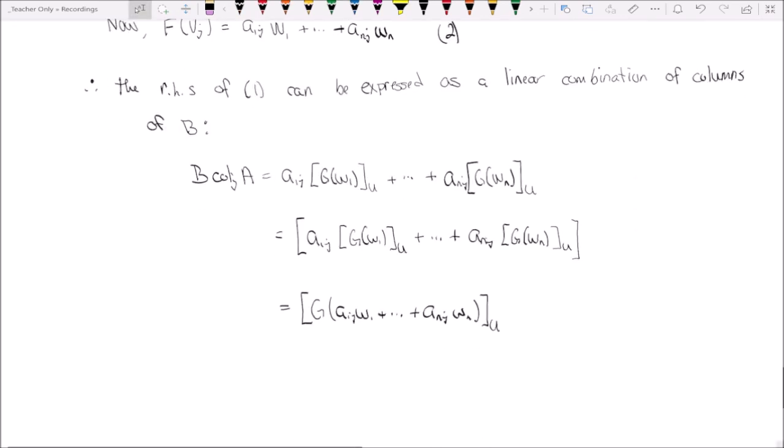This is now f of v sub j. So we now have the coordinate vector of g of f of v sub j with respect to U. But that is the definition of h of v sub j.